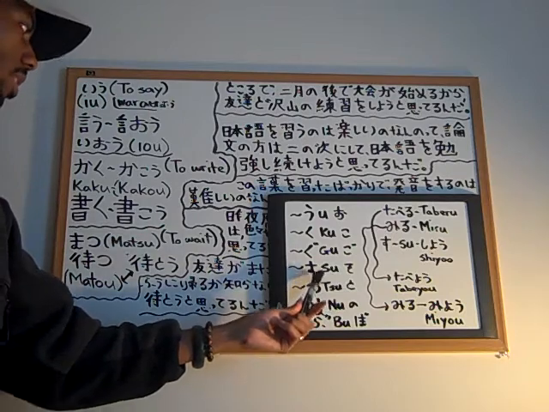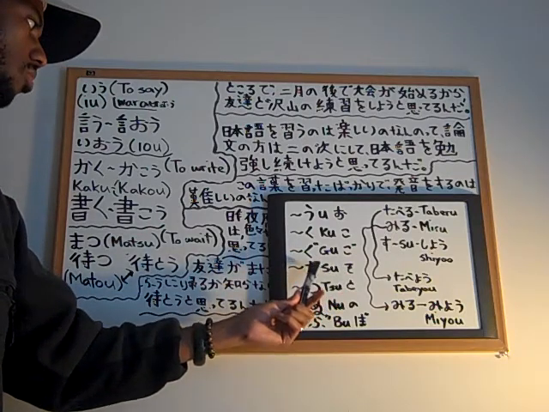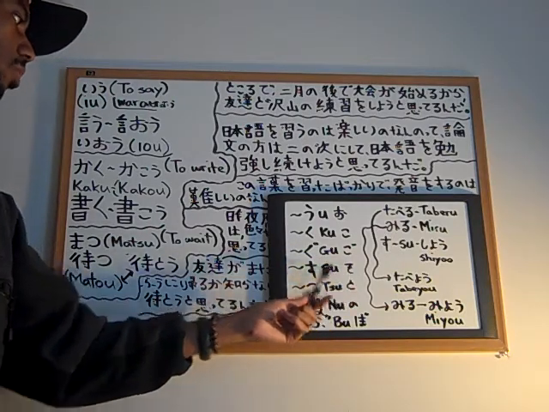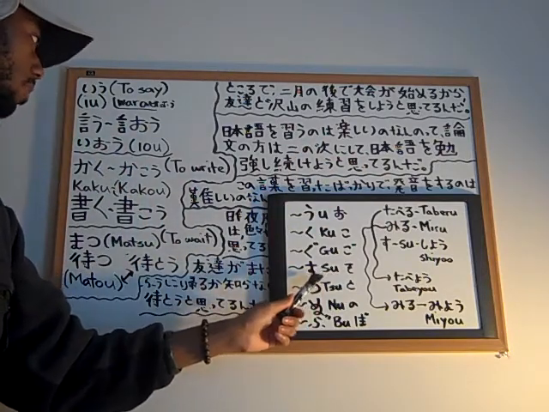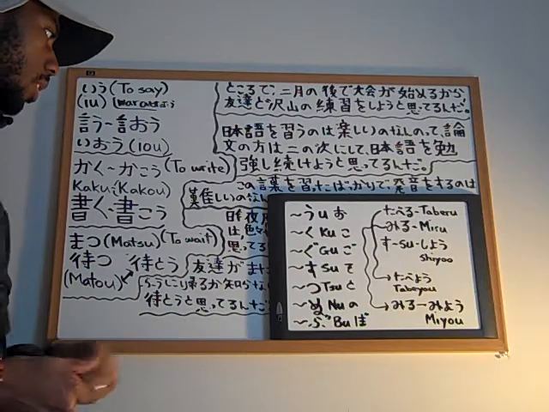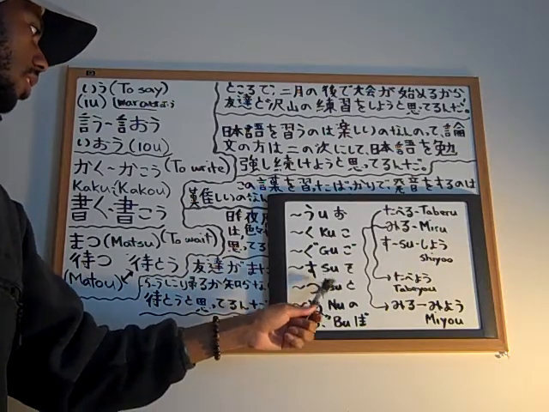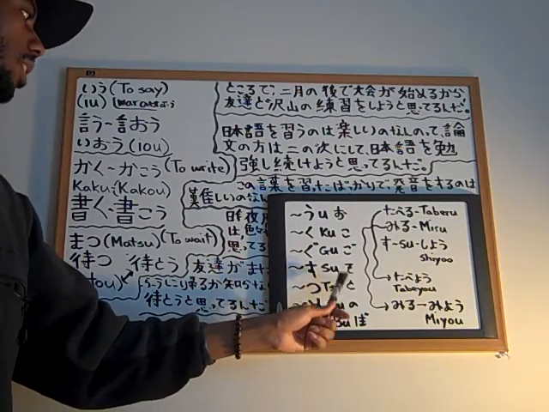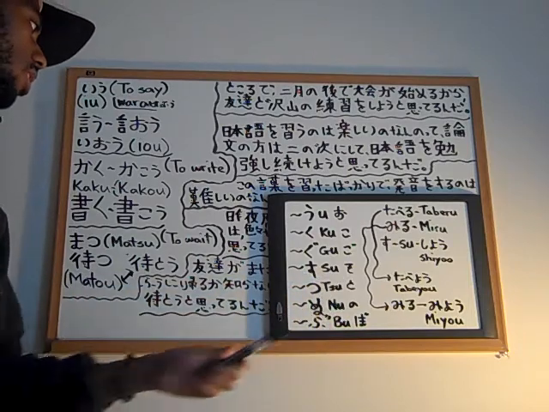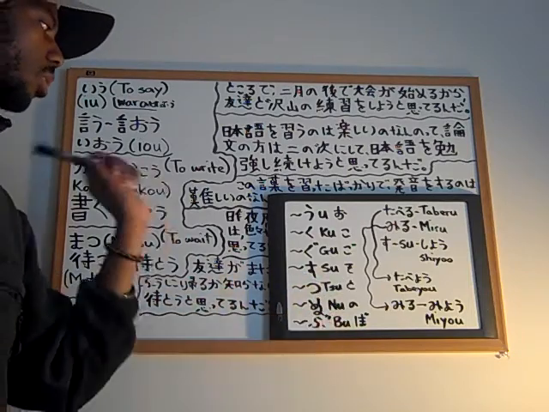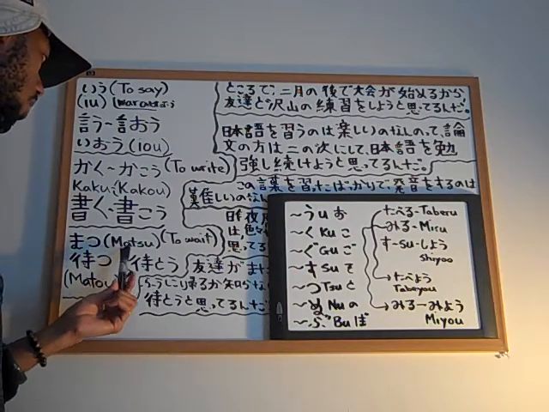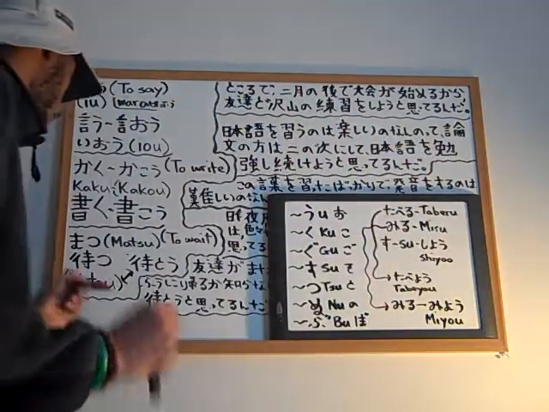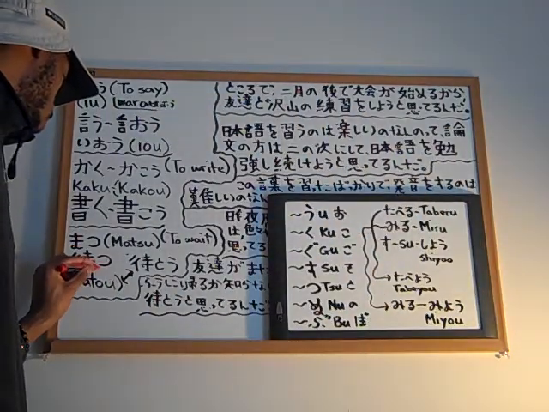If it's su, it becomes so. If it ends with tsu, it's going to become to. This is kind of a weird change. I use matsu here. As you can see, matsu ends with tsu.